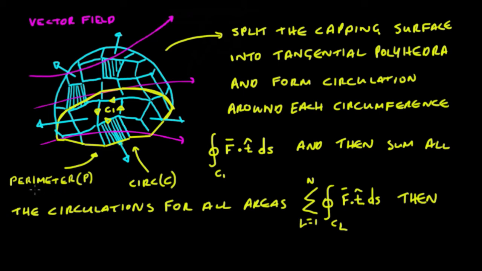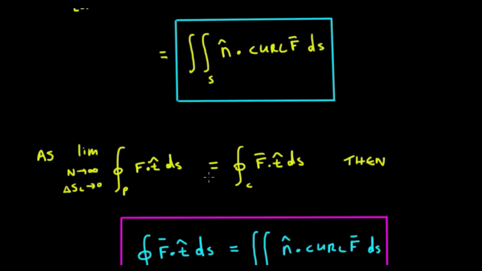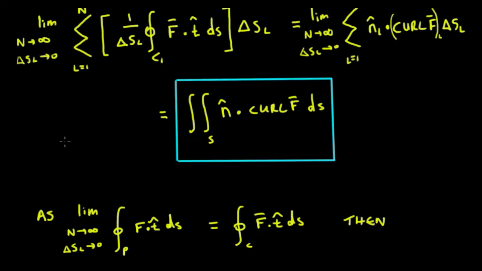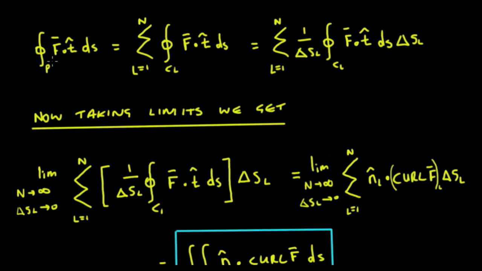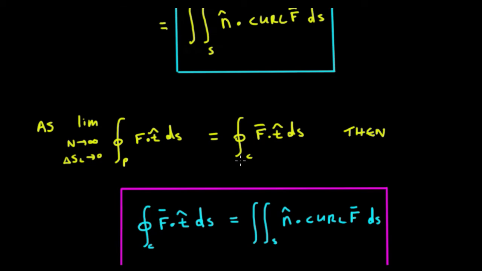So as the number of these polyhedra tends towards infinity and the area of them tends towards 0, it just tends towards a continuous path represented by C.